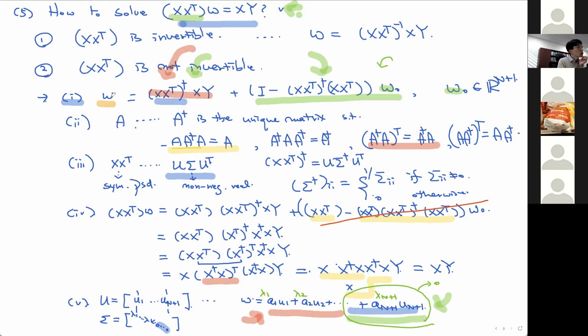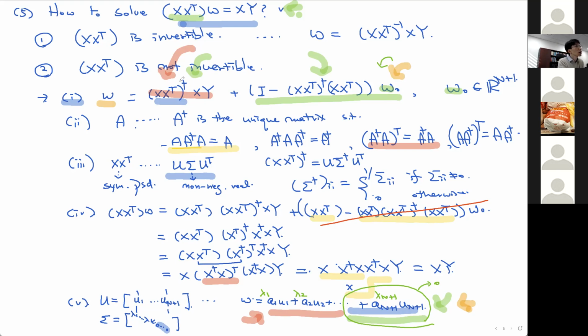One thing we know is that for this green part, we can choose anything. In order to minimize its size, the best option is to just pick 0 for the green part. For the red part, there are specific choices we have to make. So one way to achieve the solution with minimum size is to set the green part to be 0. That corresponds to setting this W0 to be equal to 0.